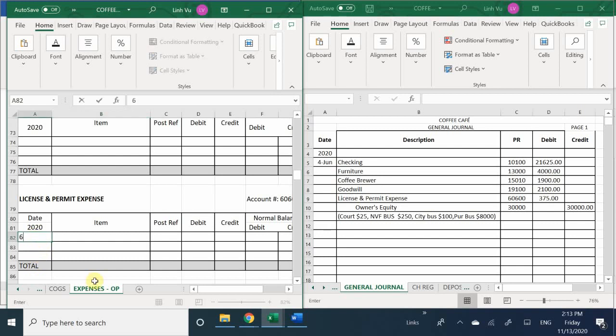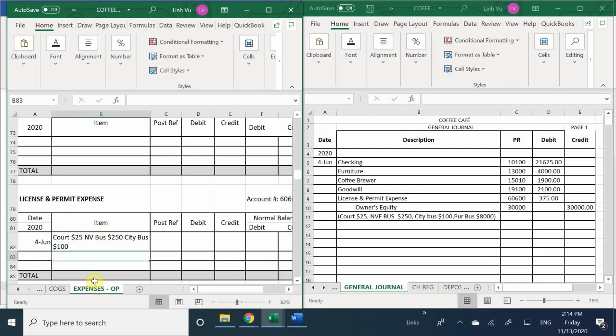Here, you're going to write the date, and this is where you could be specific. So we paid court 25, we paid Nevada business $250, and we had to pay city business $100, and that should be it.